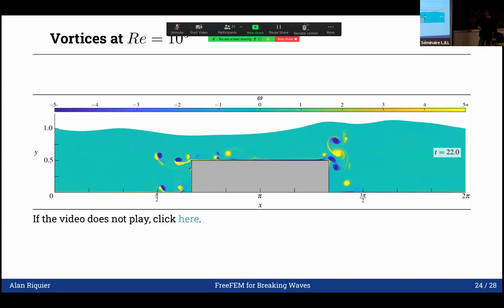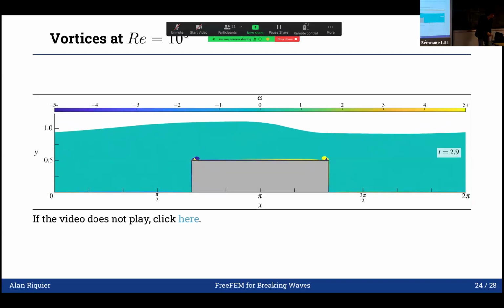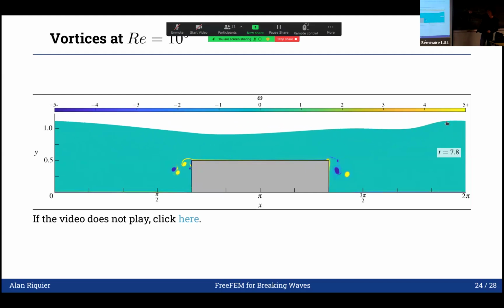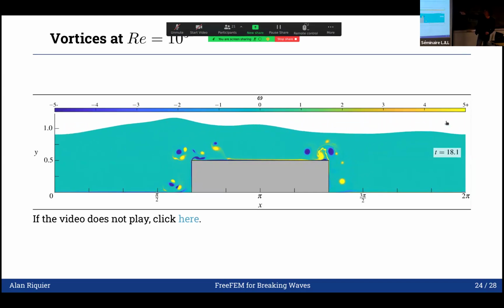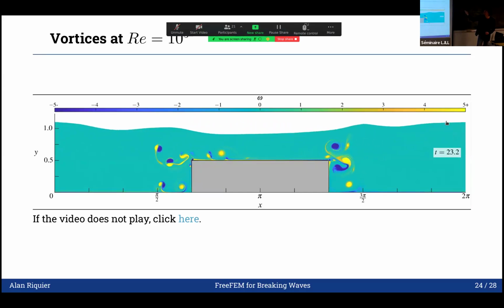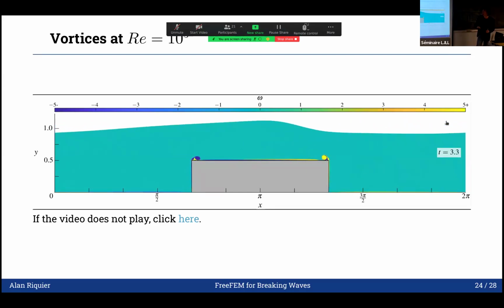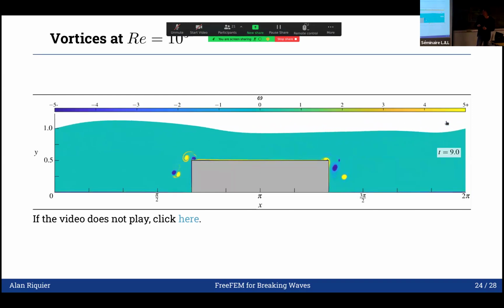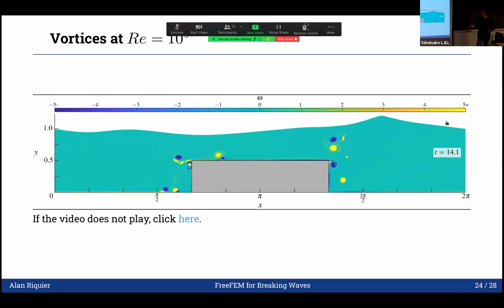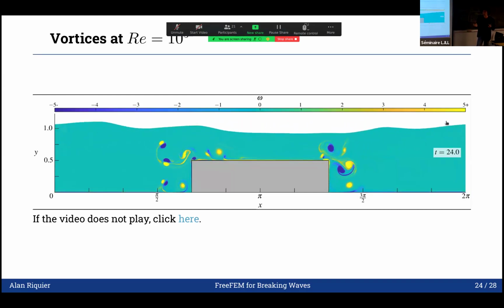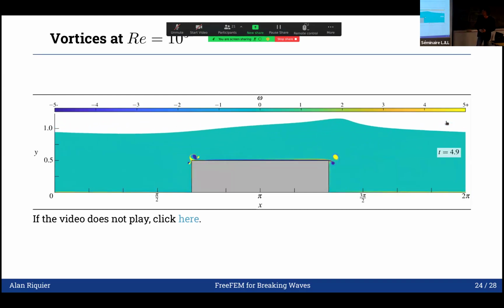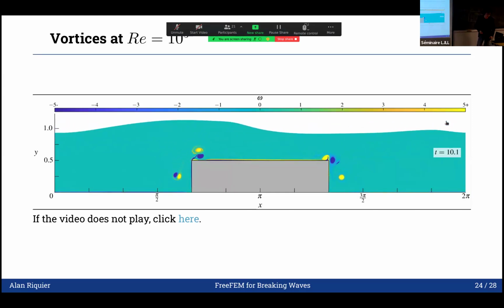The Reynolds number here is 10 to the power of 5. I could not achieve higher Reynolds numbers because the vorticity would basically blow up, but it converges to something like Dirac vortices if we increase it even further.